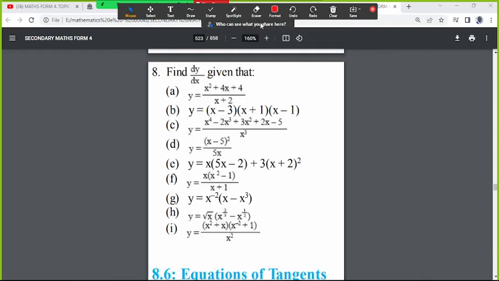The question is saying find dy dx. In other words, find the derivative. This expression needs some preparation before you differentiate. Same case here, some preparation before you differentiate. This one, the same.